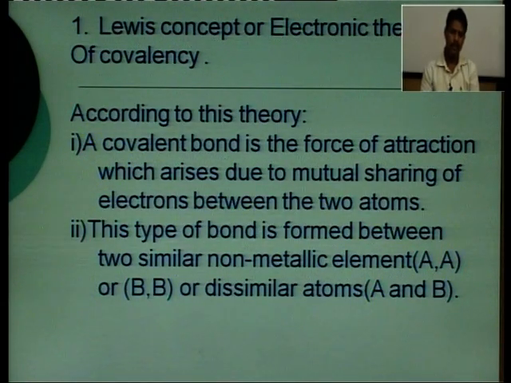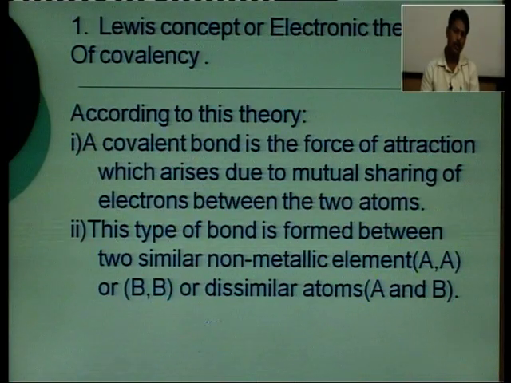As we have already discussed for the oxygen molecule and hydrogen molecule, there is a formation of an octet, that is, 8 electrons in the outer shell.